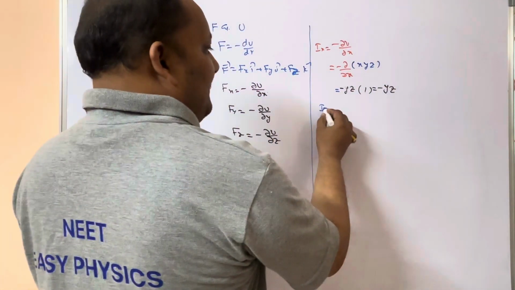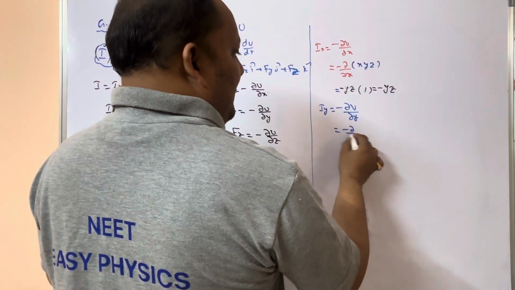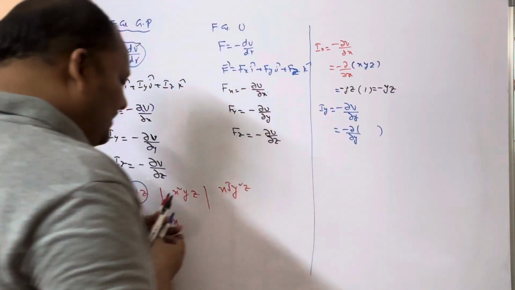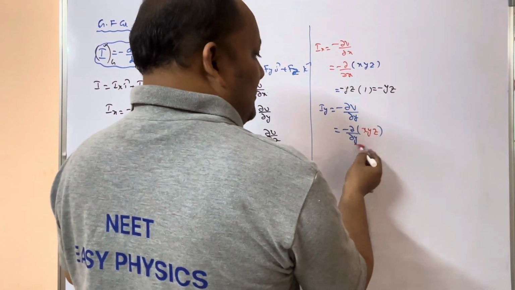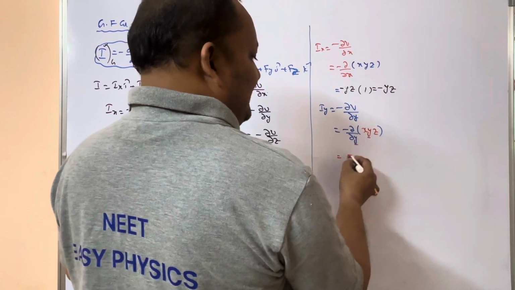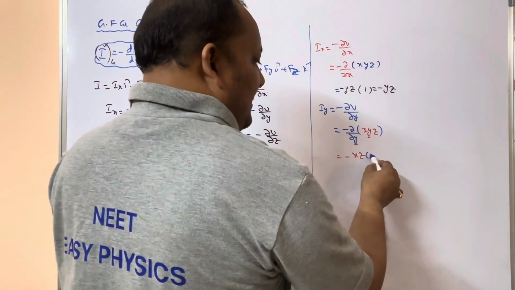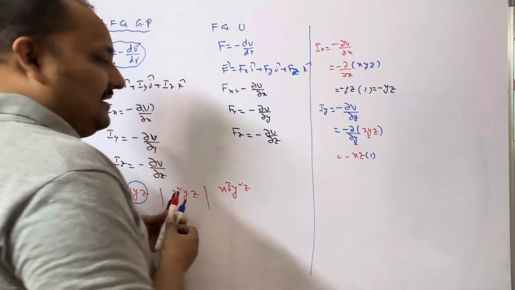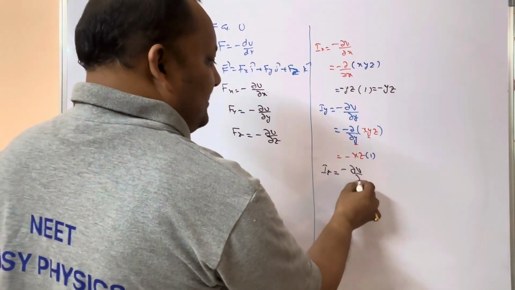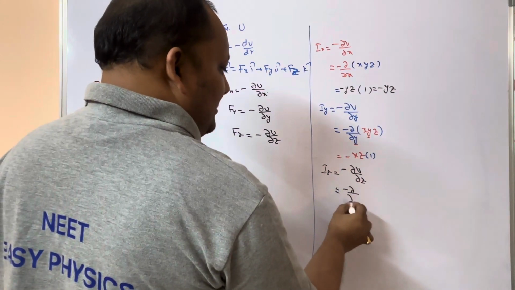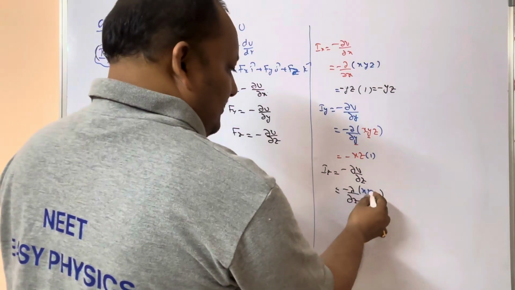Like that, Iy is minus ∂V by ∂y, minus ∂ by ∂y of V. V is again xyz. With respect to y we are differentiating, therefore xz remains constant. Minus xz, derivative of y is 1. Next, same like this, Iz is minus ∂V by ∂z of xyz.